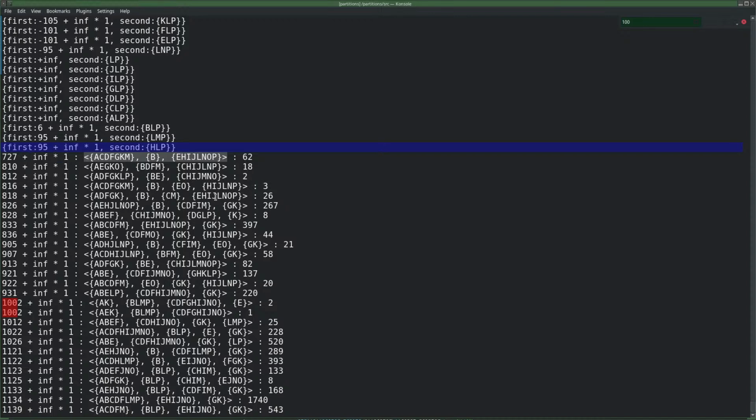So it would always prefer to merge two groups together. Say it was not LP, but it was FJ, and F is here and J is here, and they are separate.